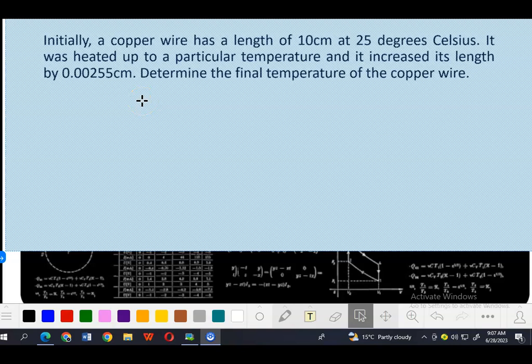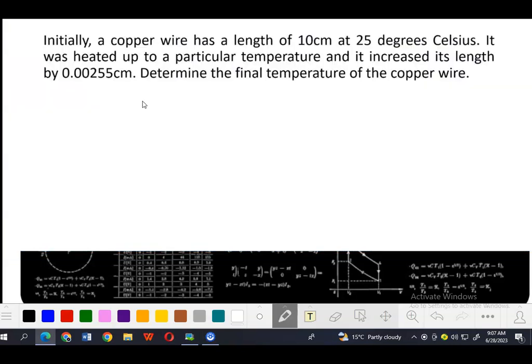The first thing that you will need to do is to have your formula. Of course, we know the formula for finding this temperature, like I have mentioned in our previous classes.